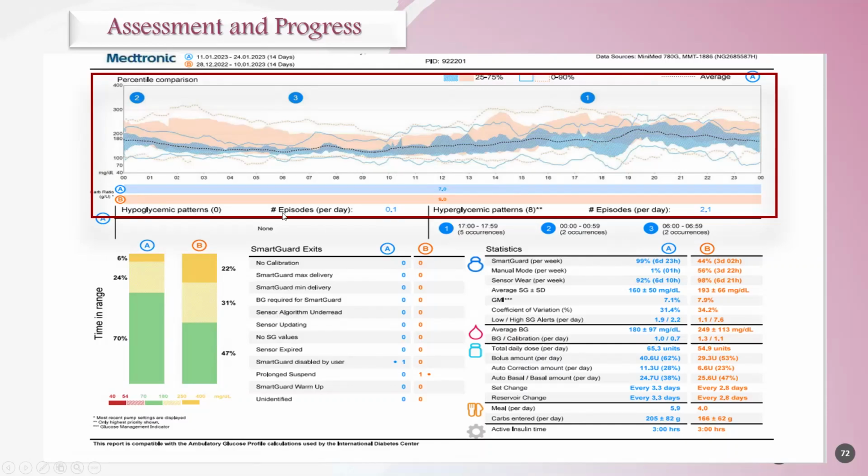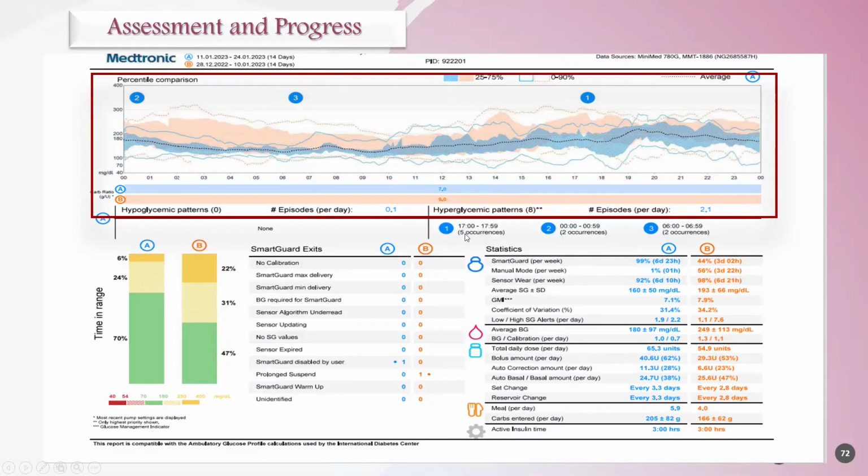So hypoglycemia pattern, it says 0. He didn't see any hypoglycemia during this segment time, but hyperglycemia pattern, he saw it in three time frames. He saw 5 incidents. It puts one or more of them, and if the frequency of incidents is high, it will start with one.